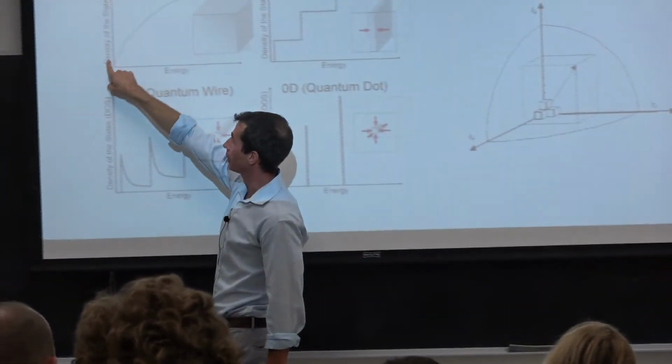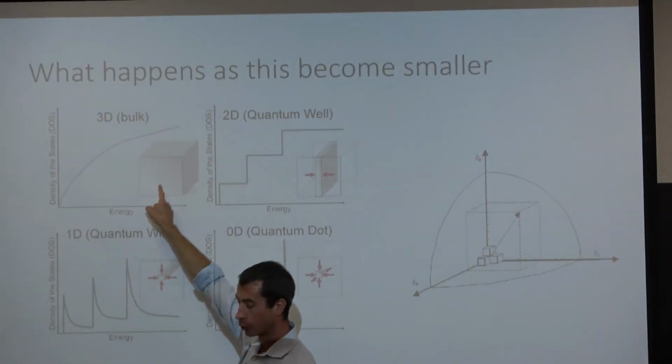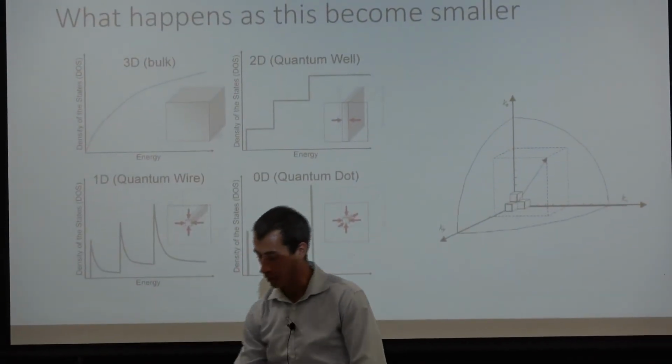So here in a bulk system, if we look at the density of states as a function of energy, it has this square root of E relationship.